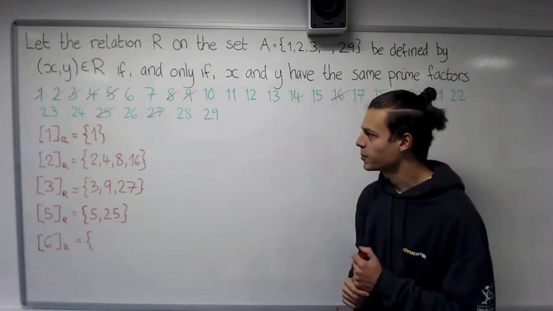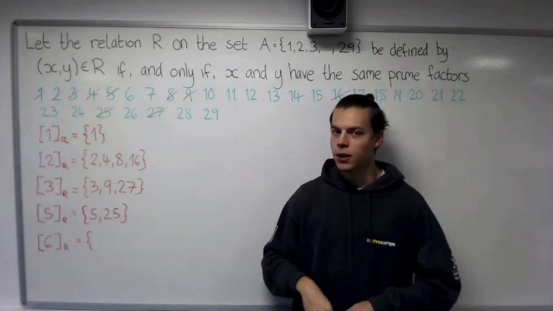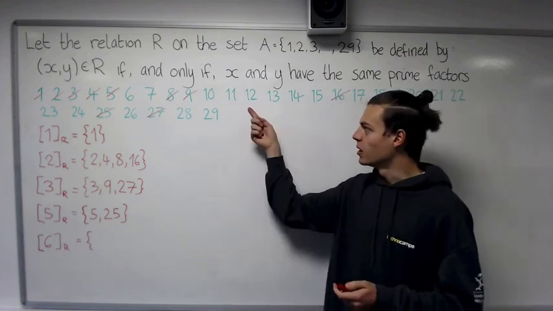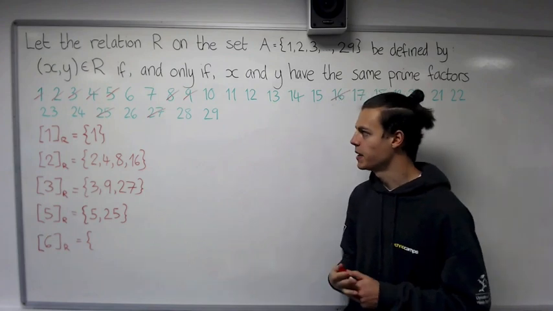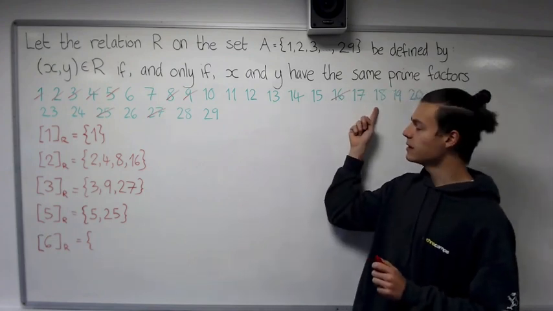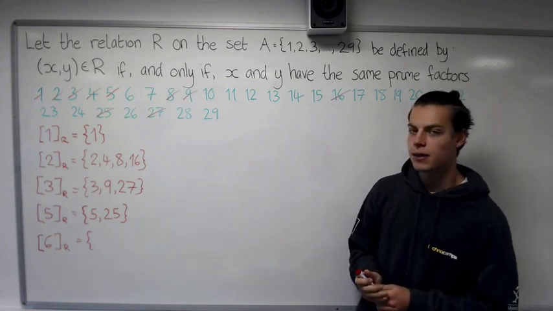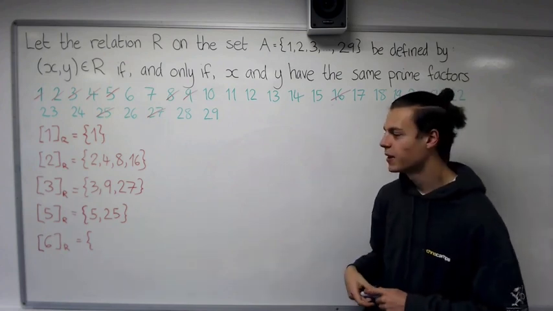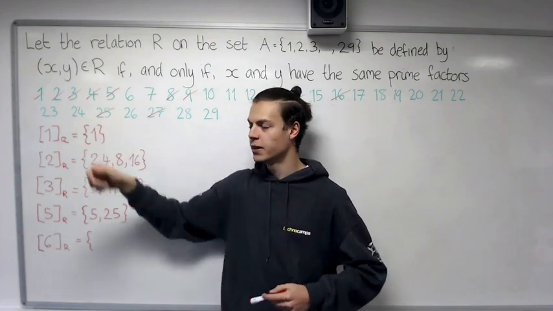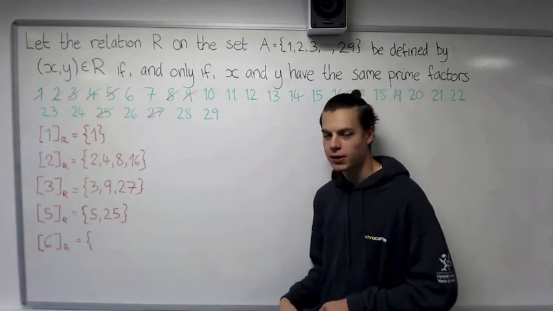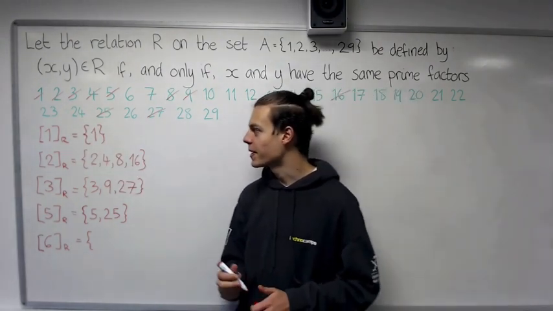Which other numbers have prime factors 2 and 3? Well, as we noted earlier, 12 is 2 times 2 times 3, and 18 is 2 times 3 times 3, and our fourth and final element of this equivalence class is 24, given by 2 times 2 times 2 times 3.